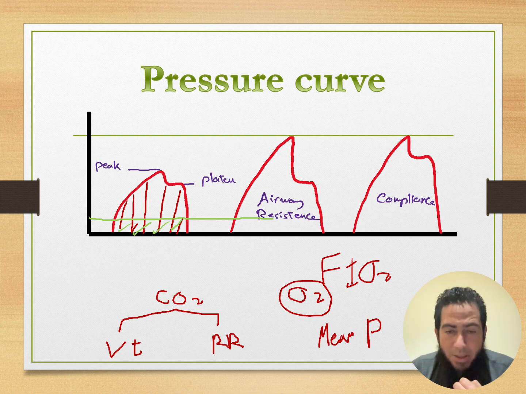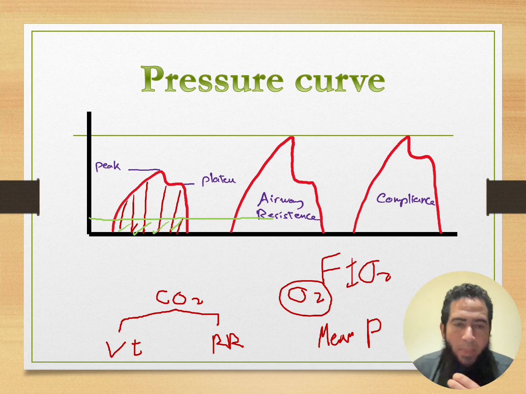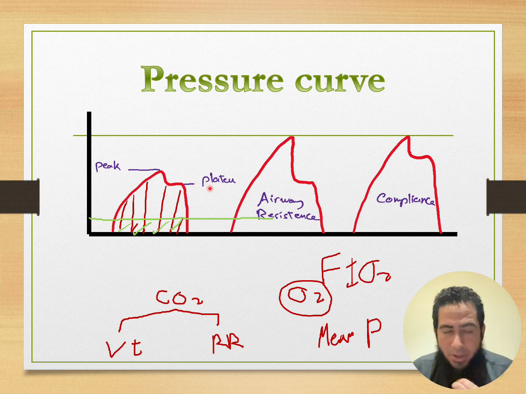The other thing actually is that the barotrauma and volutrauma, both of them are related to the plateau pressure, which actually reflects the pressure in the alveoli. So if you look at the curve again, the peak pressure reflects the initial resistance in the airway, and the plateau pressure reflects the alveolar pressure.